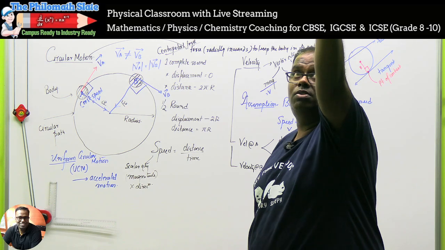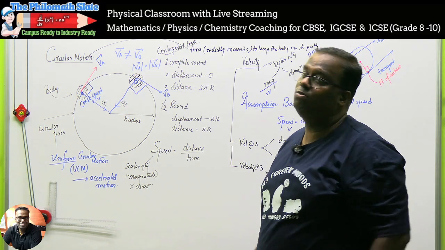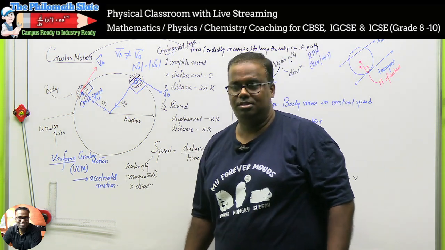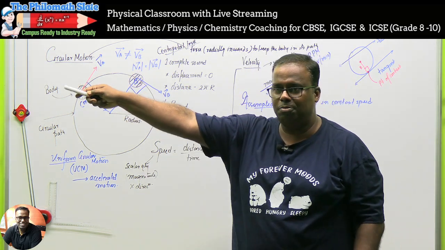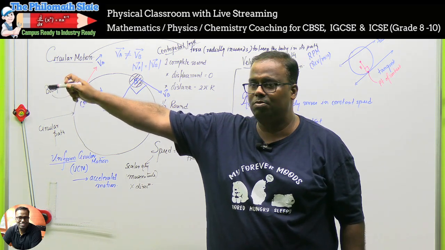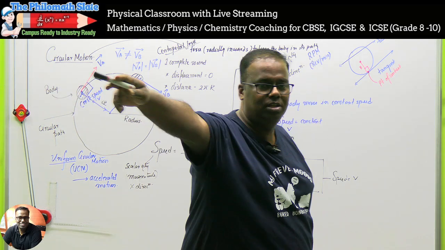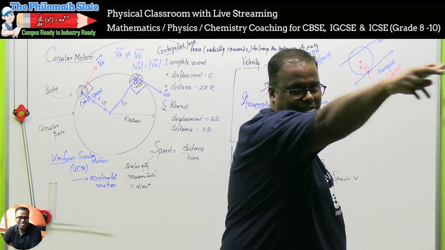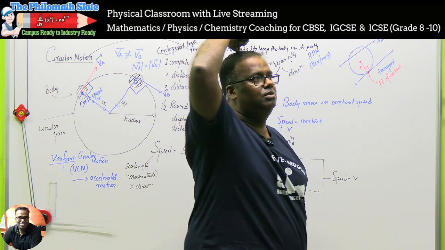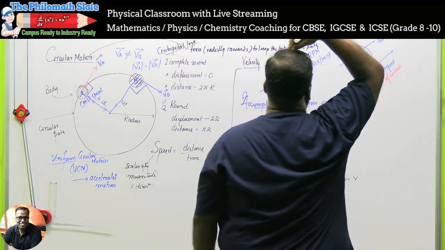And the tip of the fan at the center, what motion is that? Rotational motion. Look at the marker pen and look at me. The marker pen is undergoing circular motion, and this point on my head is undergoing rotational motion. It's just pivoted at the same point.